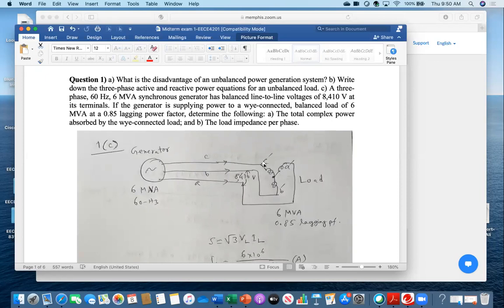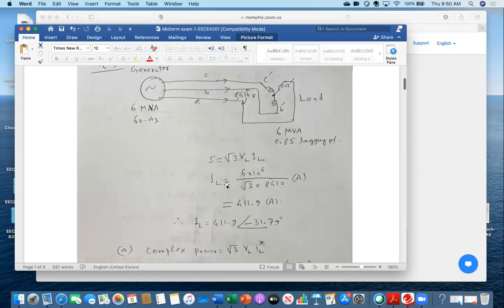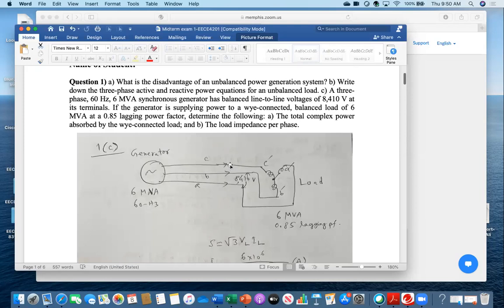Because this is a Y connected system, you see, this is the Y, and this is the line to line voltage. So phase voltage will be line voltage divided by root 3. And because this is a Y connected system, your phase current and line current are the same. We already got the line current here, this amount. Here is the line, but it is the same through the phase.